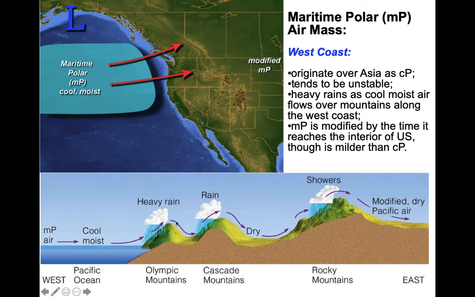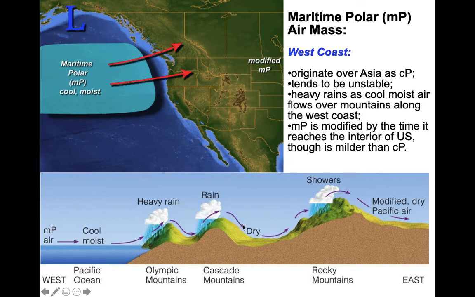So it's dry and cold and sinking, and then it picks up some more moisture on the way as it's traveling towards the Cascade Mountains, and there's more precipitation over the Cascade Mountains.